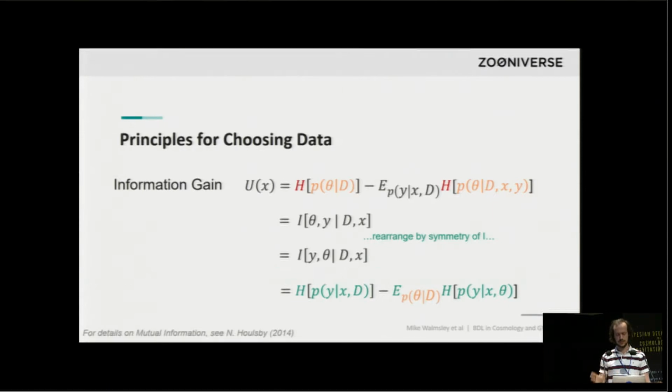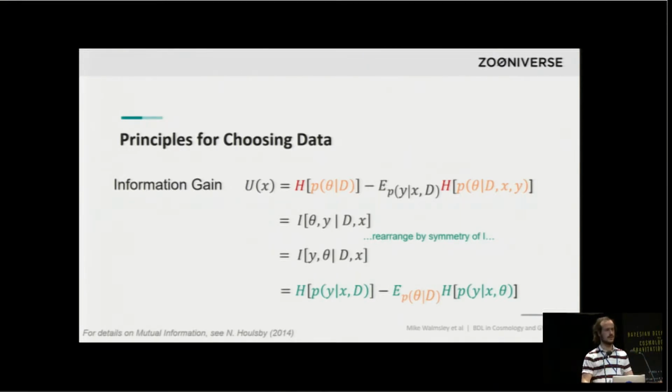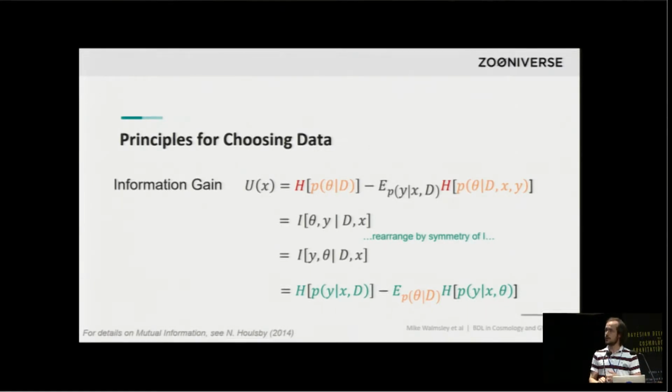So we'd love to just calculate the information gain for every subject and pick the ones with the highest gain. But unfortunately, we don't know what that is because we don't know the distribution of our weights, as Tom talked about at length. And we definitely don't know the entropy over the distribution of our weights. But what we can do is recognize that we can rewrite this as the mutual information between our model parameters and our labels, and then by symmetry flip it around and expand it back out again.